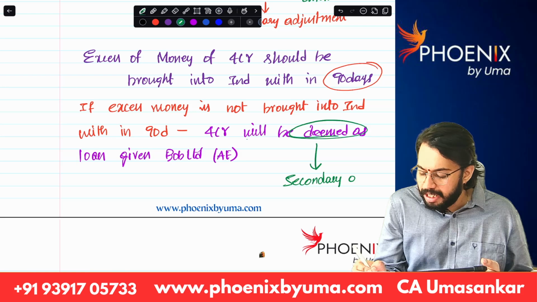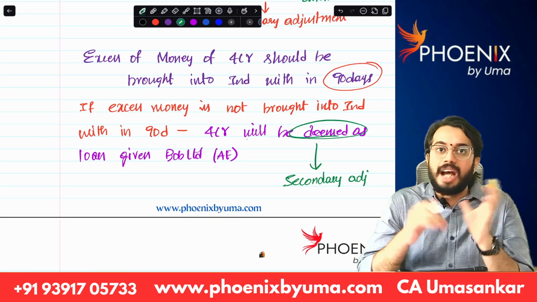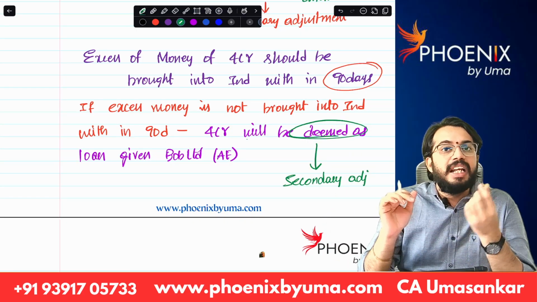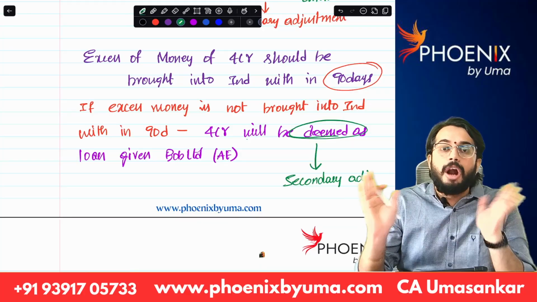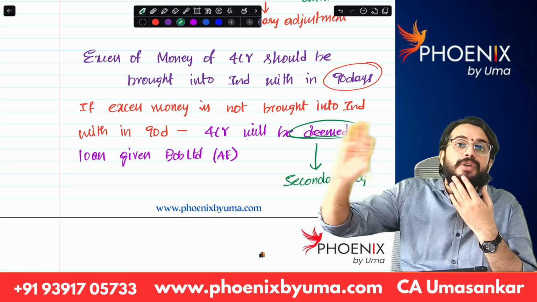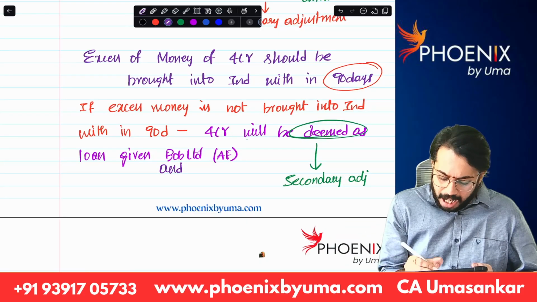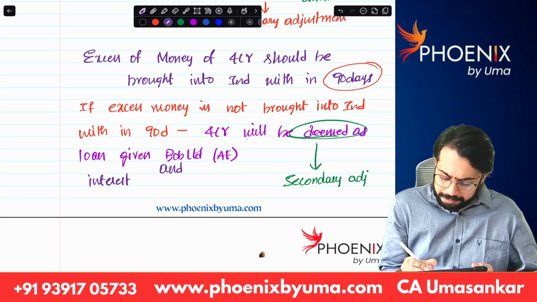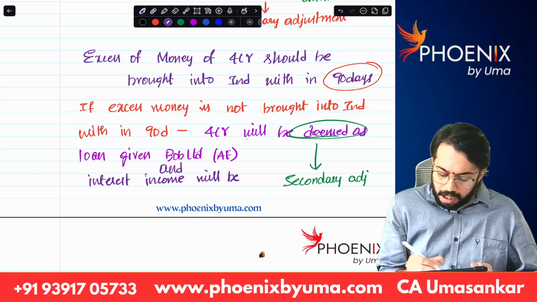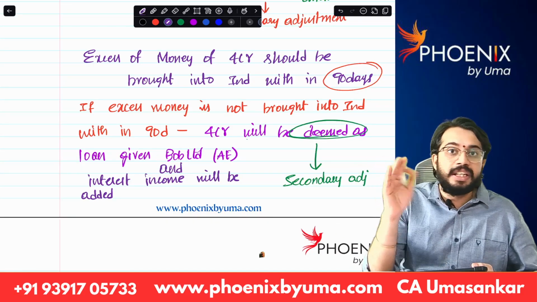Are you able to understand? The point is, whatever the excess money after comparing with arm's length price, that excess money is to be brought into India within 90 days. If excess money is not brought into India within 90 days, then excess money will be deemed as loan given to associated enterprise and interest income will be added. Till how much period will that interest income be added?